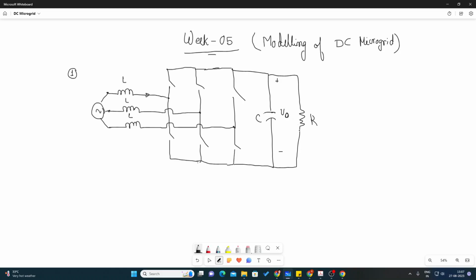So what we essentially control in the case of the rectifier is this output voltage.